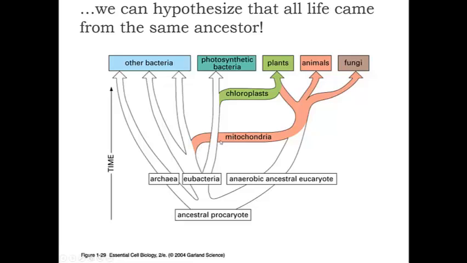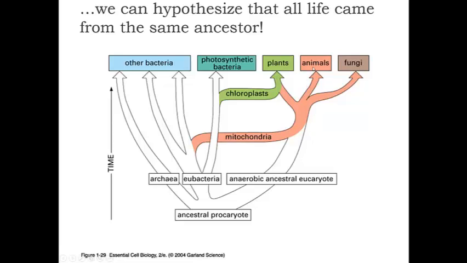So one of the events that occurred early on in the evolutionary history of eukaryotes is that there may have been an early eukaryotic cell or a pre-eukaryotic cell that was a cell eater and may have engulfed a prokaryotic cell and acquired it as part of its cell structure.